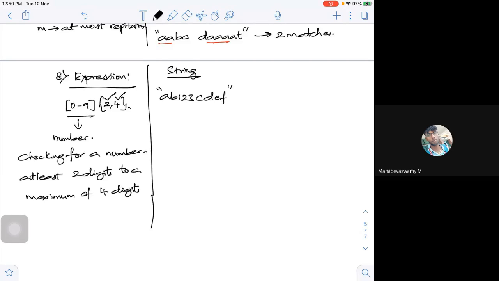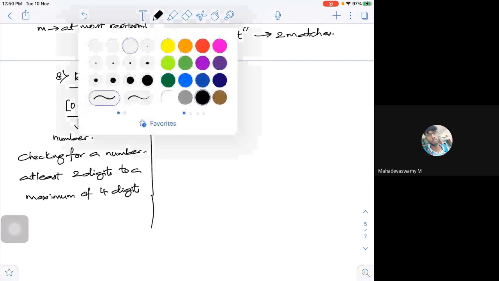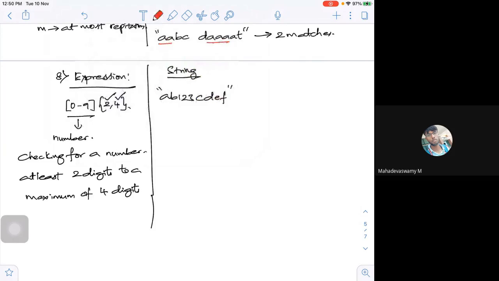Now, if you closely observe the string we have, yes, I can find a number with 2 digits. I can find a number with 2 digits, and it's having 3 digits. So maximum I could have gone to 1, 2, 3, 4 or 2000 or 3000, whatever it may be.